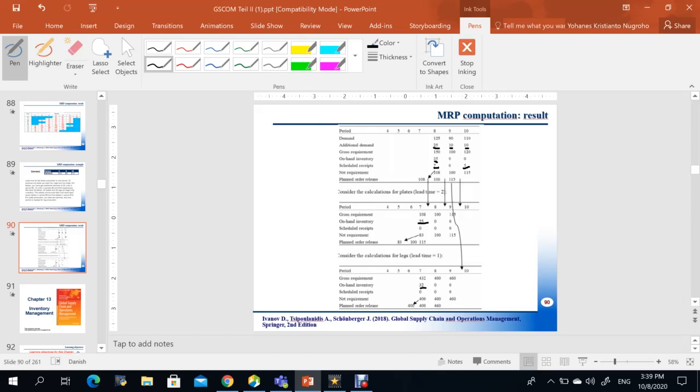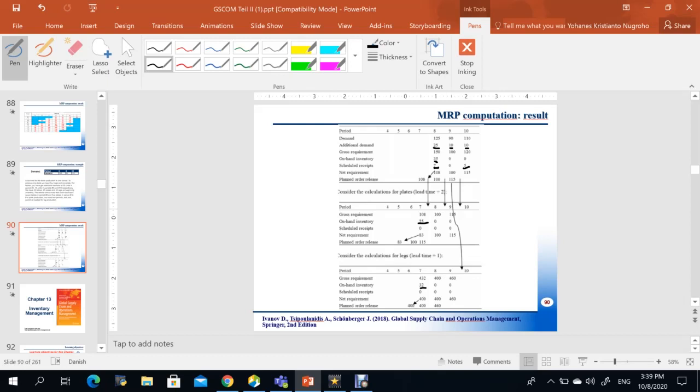However, in the case of legs, it needs to be shifted only 1 month prior to the table production. But for plates, it needs to be shifted 2 months prior to the table production at week number 7.